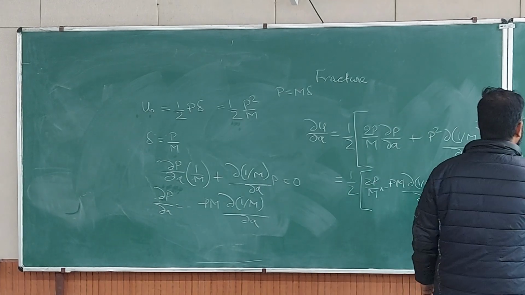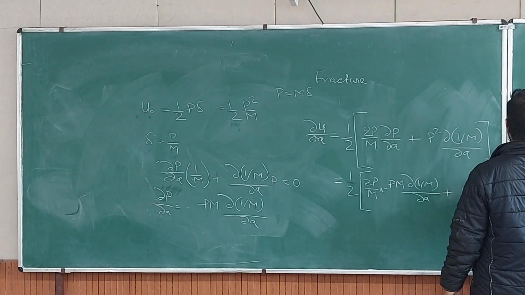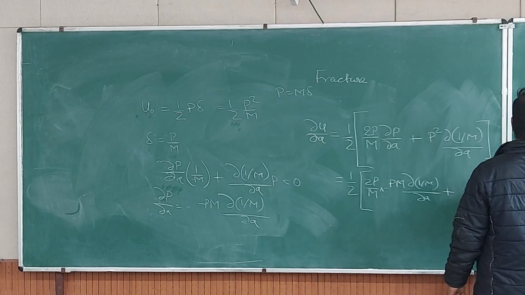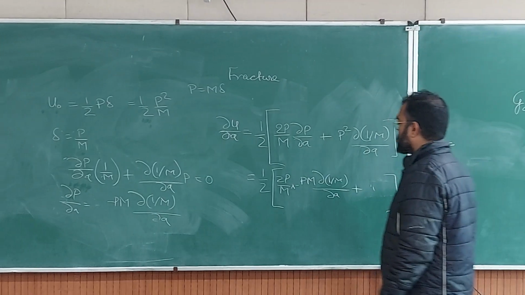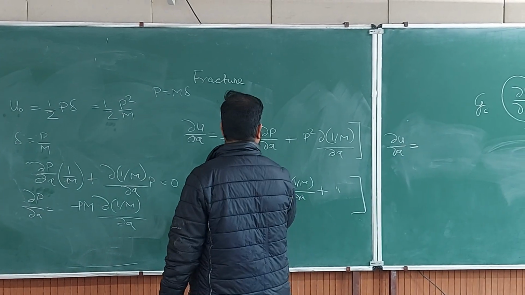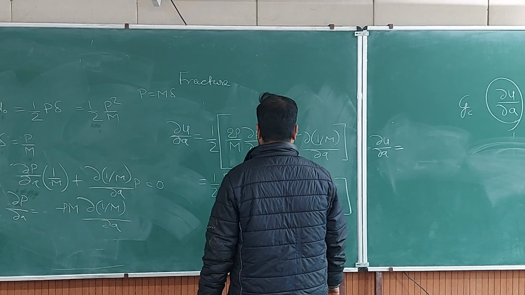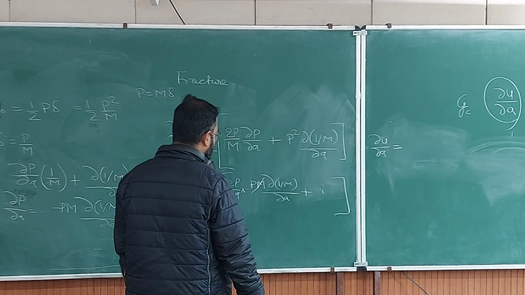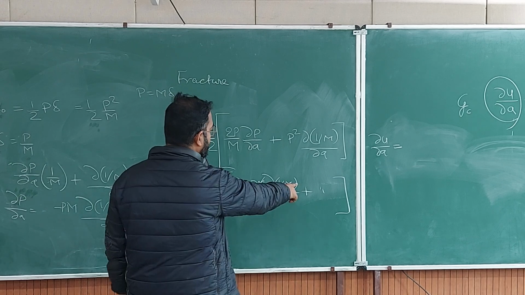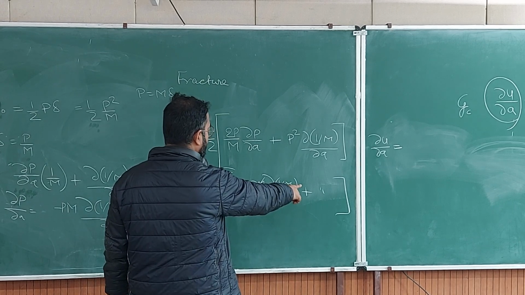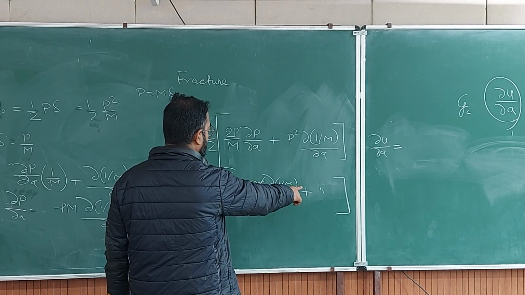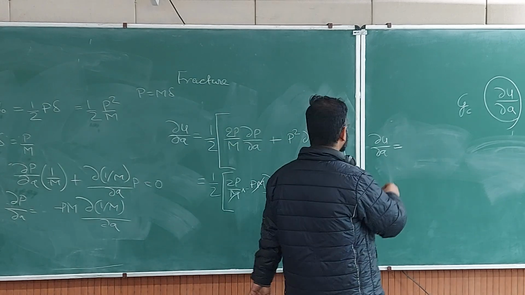So what will we have then? Del U by del A equals, m will cancel out, then we have 2P square, and we have P square there also. So what is the final product? Let us write down there.